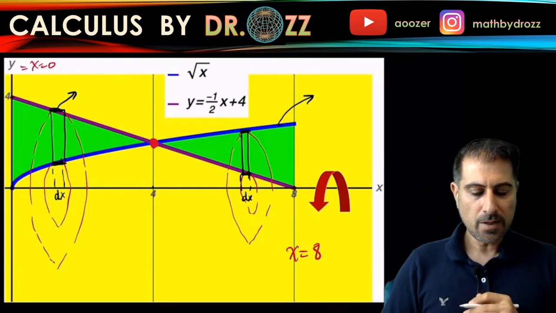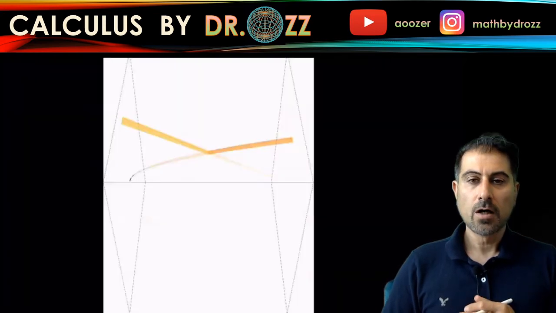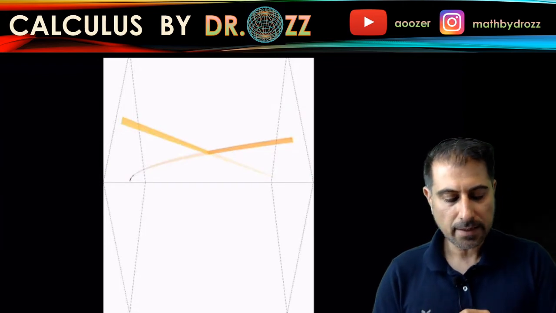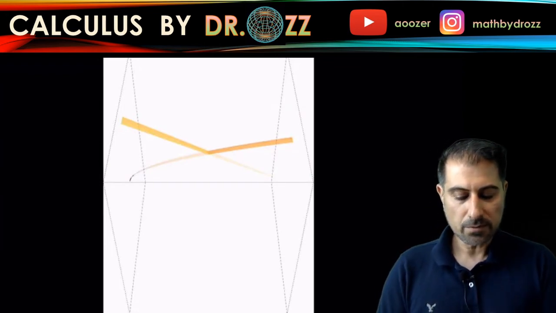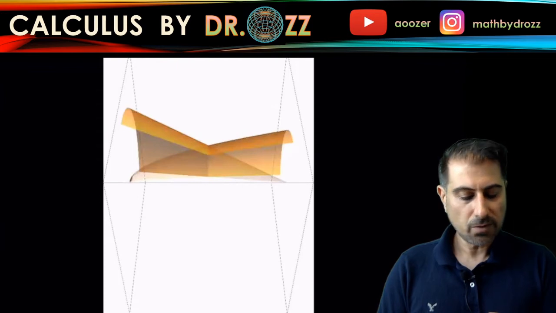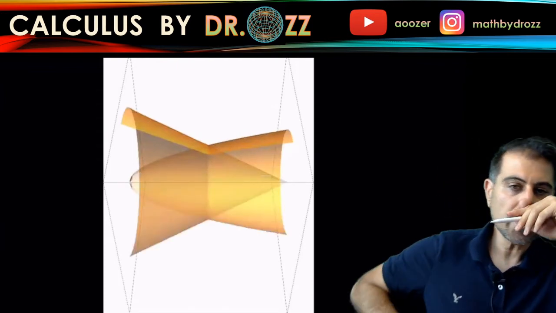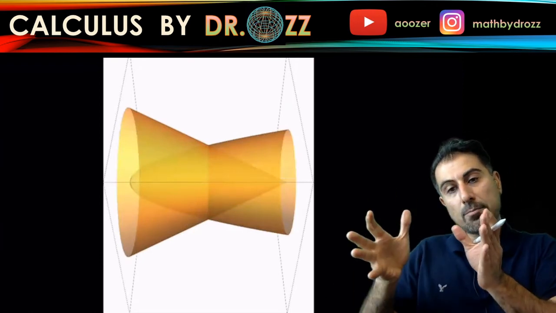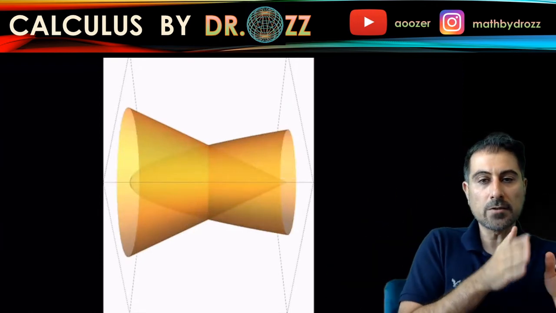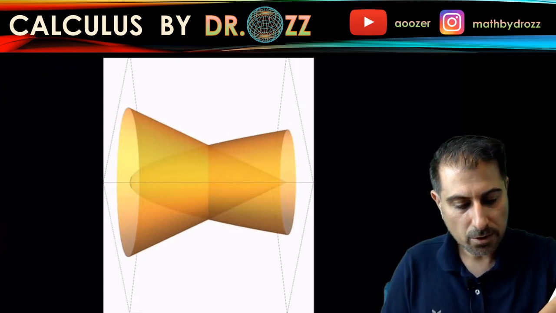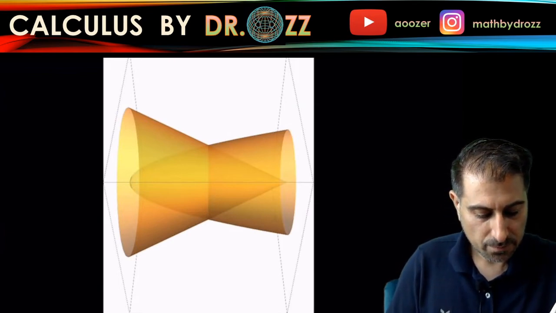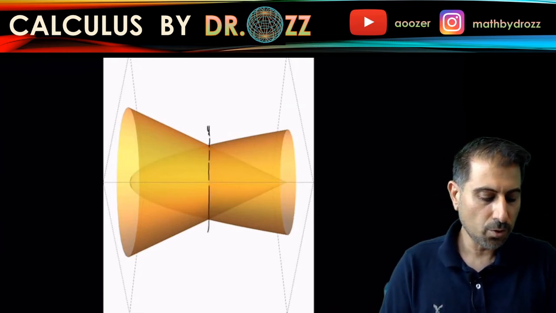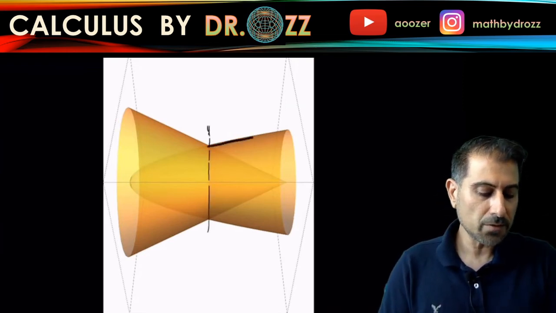There we go. We have two functions crossing, as you see, and now we're going to revolve that around the x-axis. Okay, so we keep revolving, and revolving. As you see, on the left you have one type of volume. On the right you have another type of volume. So like here, if this is the intersection, this volume is the volume of the horn, but you took out the volume of the cone here.